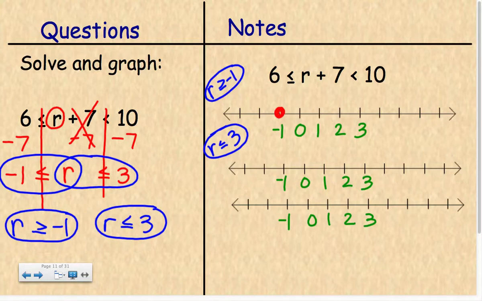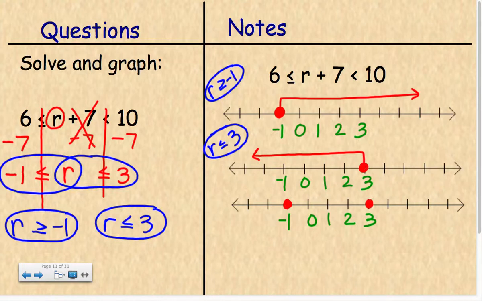Close circle on negative 1, and my arrow is pointing to the right, showing the shade to the right. Middle one, r is less than or equal to 3, so close circle on 3, shaded to the left. For my third graph, I'm going to start by making my 2 dots. One dot was on negative 1, one was on 3.